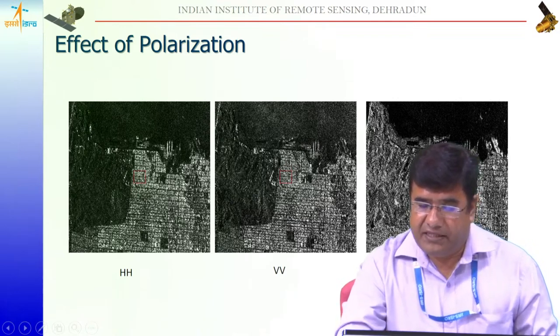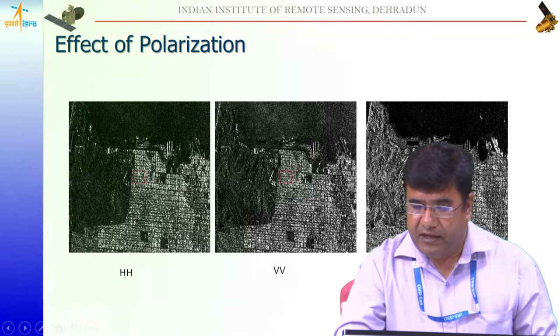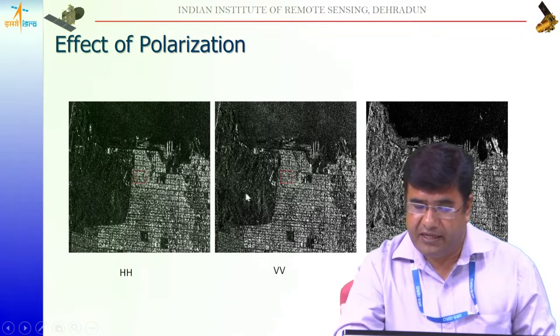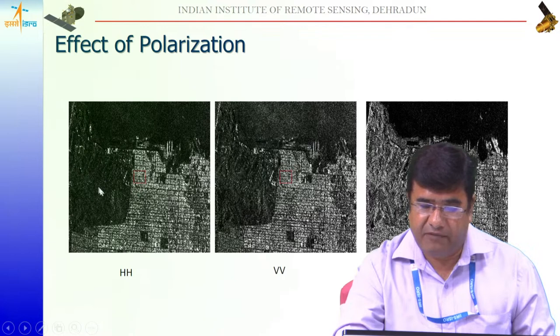But if you look at relative feature discrimination, in HV polarization, because this vegetation is depolarizing the signal, in VV and HH the backscatter is very much lower because it is depolarizing here.